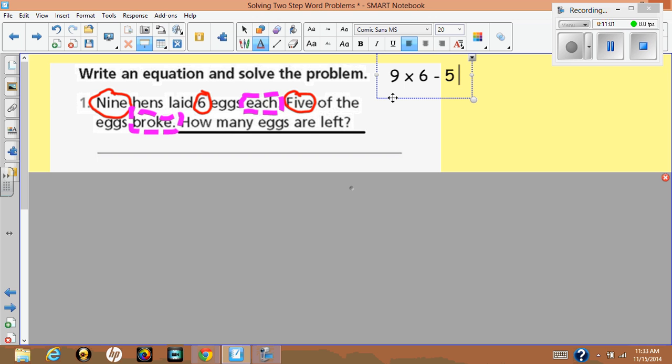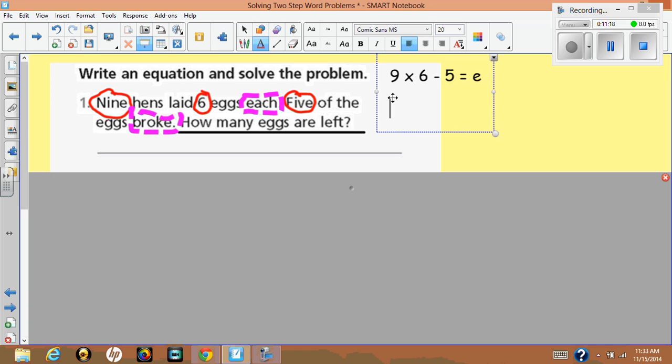I believe we have our expression ready to be an equation. Now, because we're talking about eggs, let's go ahead and make our variable e. 9 times 6, subtract 5.